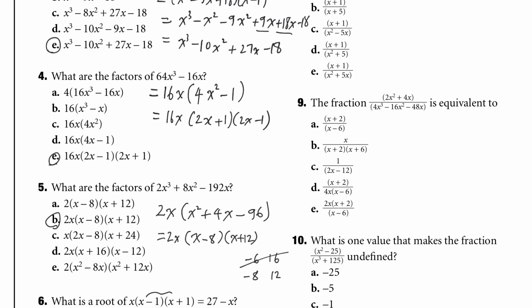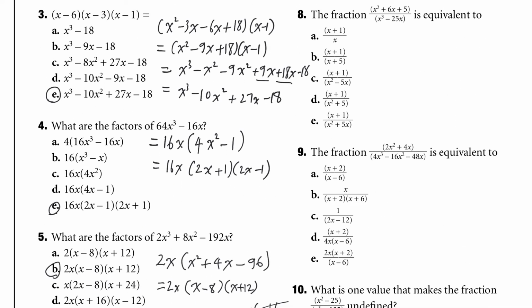Let's keep going. Question number 8. The fraction x squared plus 6x plus 5 over x cubed minus 25x is equivalent to. I want to factor the top first. It's 2 numbers that multiply to give you 5 and that add to give you 6. That's 5 and 1.